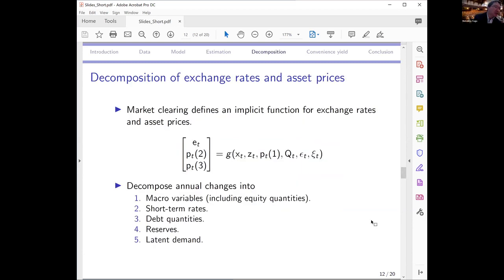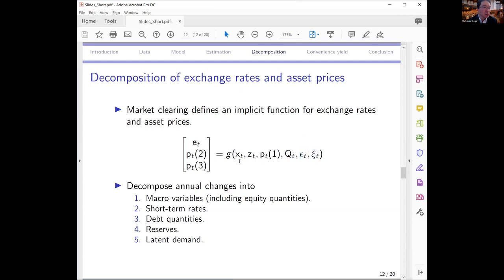Okay, great. So once we estimate the demand functions, we can do asset pricing in the following way. The market clearing defines an implicit function of exchange rates, bond prices, and equity prices as a function of the characteristics that go into the demand function, short-term debt prices or short-term rates, quantities of debt, and latent demand, right?